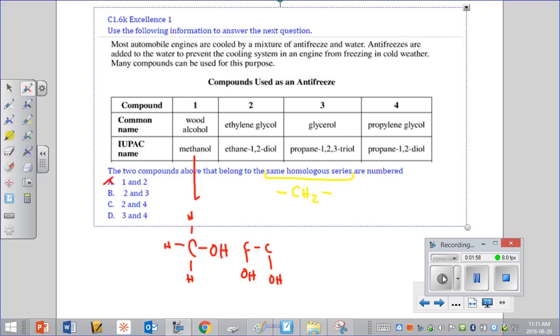If I consider the next compound on the list, sorry, we'll just fill in these carbons here. I have propane 1,2,3-triol, so prop means 3, so I have 3 carbons in my parent chain. On the first, and on the second, and on the third, I have a hydroxyl group, so I would just fill in my hydrogens like this.